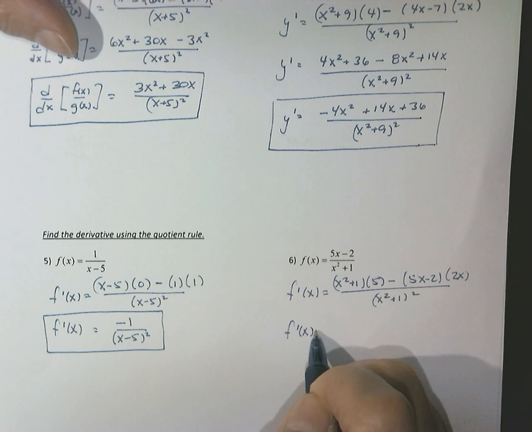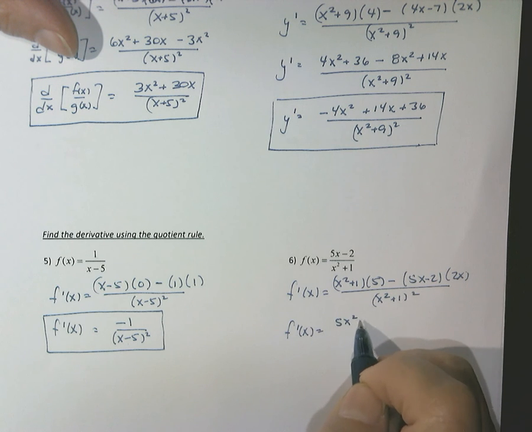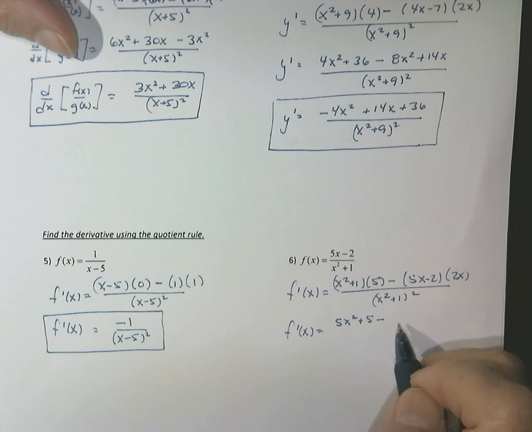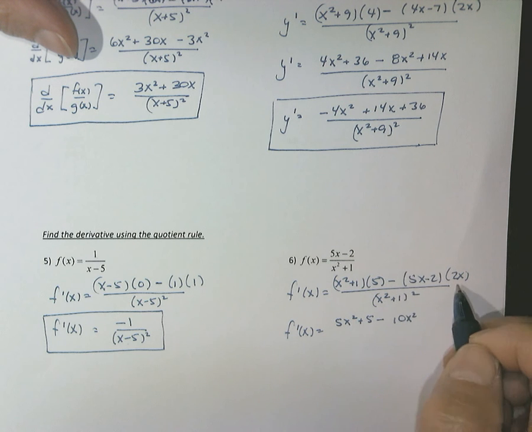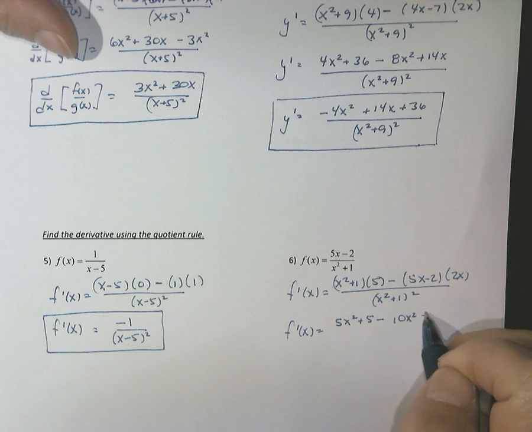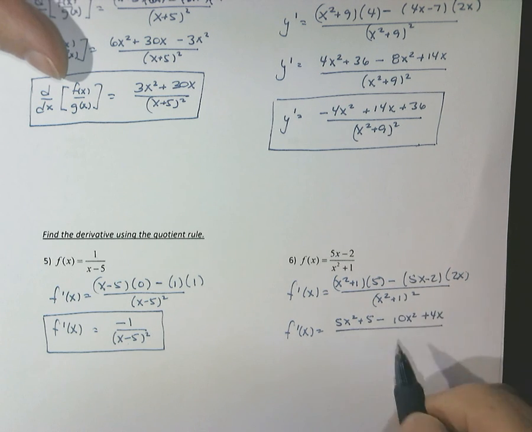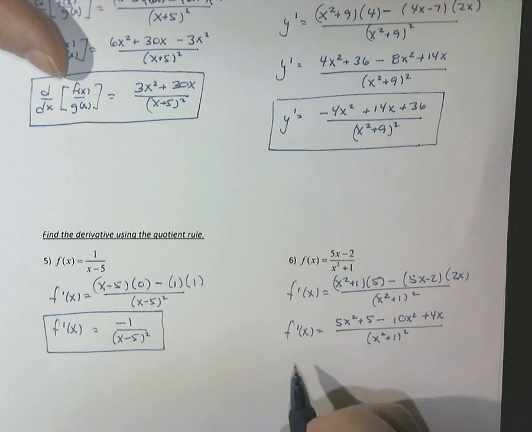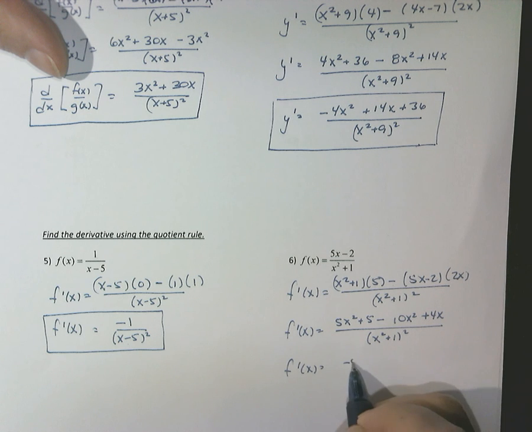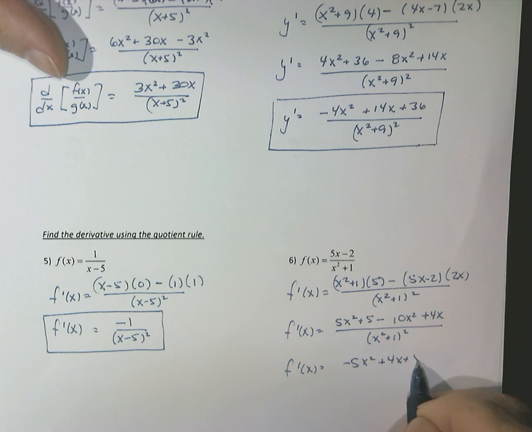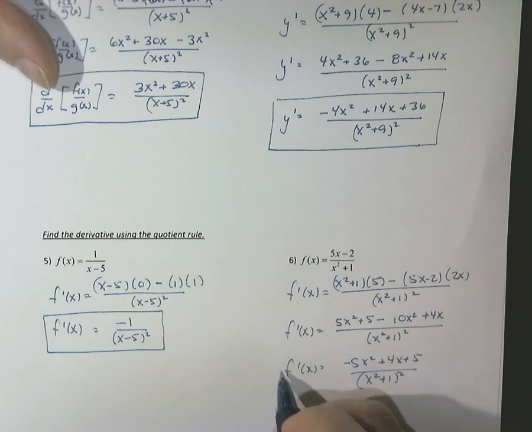Clean it up: 5x squared plus 5 minus 10x squared minus 4x, and a negative 9 makes it plus 4x, over x squared plus 1 squared. Combine like terms. So I get negative 5x squared plus 4x plus 5 all over x squared plus 1 squared.